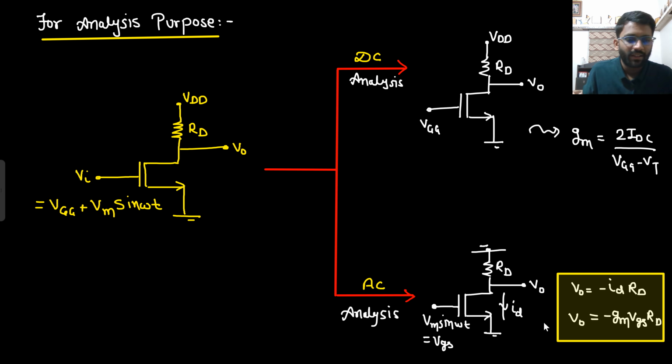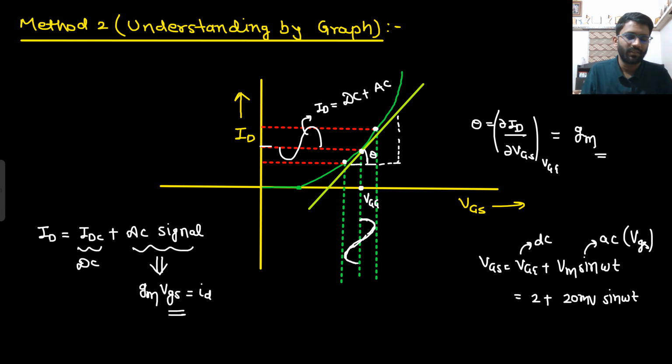Are you able to understand? And in this analysis, I will again tell you, at one particular point you find the slope, that is GM. If you multiply the GM with VGS, what do you get? You get the output AC current. That's it. The slope into the x-axis value gives you the y-axis value. What is slope?